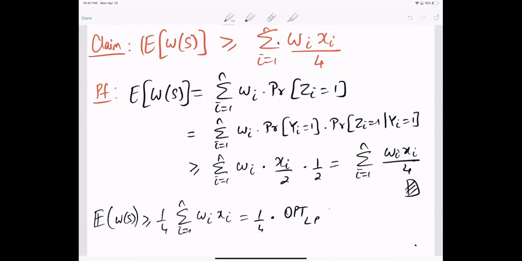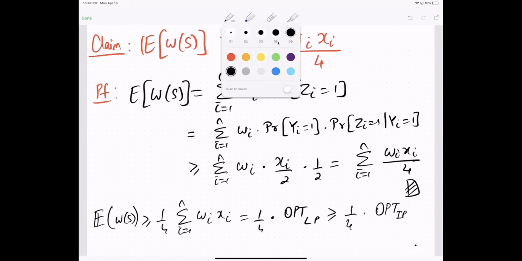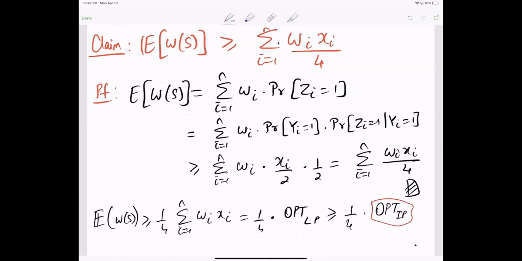And now, as I said in the beginning, the OPT of the integer program will be less than this. And this was the real optimum value. Therefore, it's a 4 approximation.